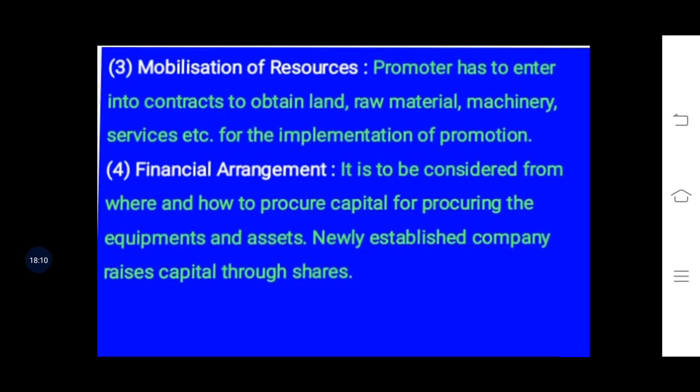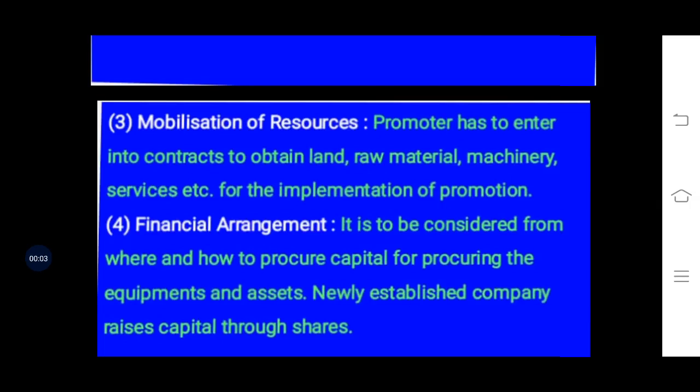That is why they have the right, because they are doing this much work, so they have the right to come into a contract for the company for any purpose. And after the company starts, when the company gets commencement, the contracts which are made by the promoter will have to be renewed by the company, so they can be made legally.